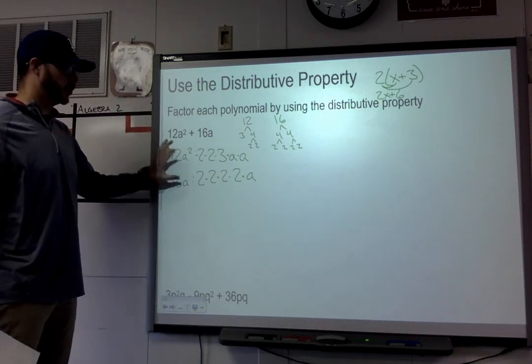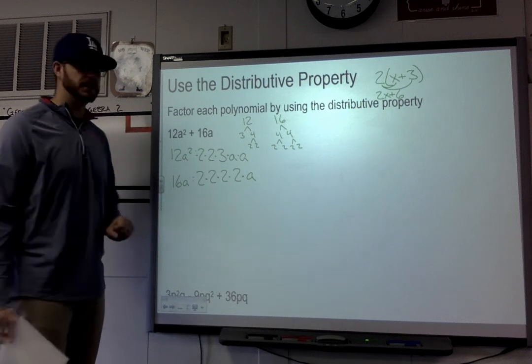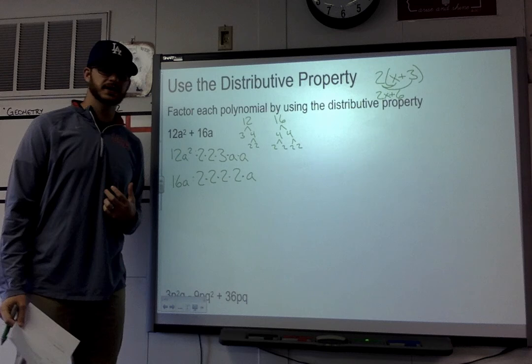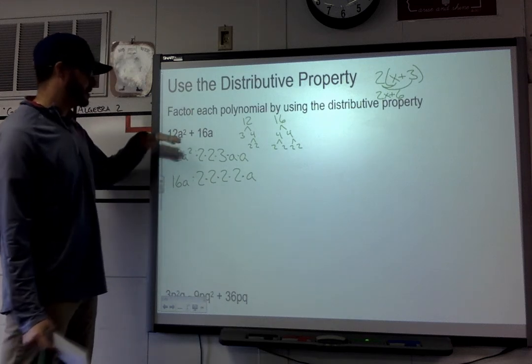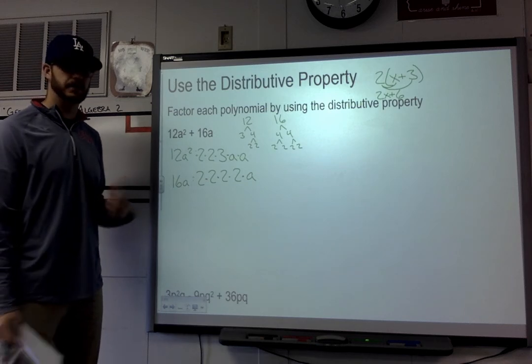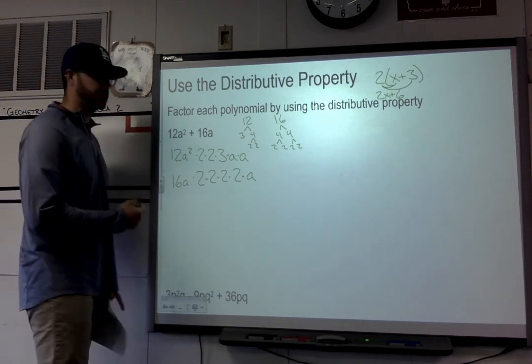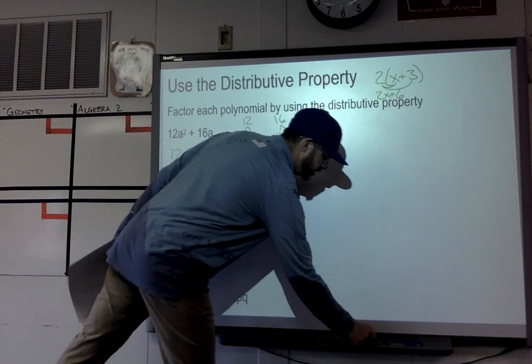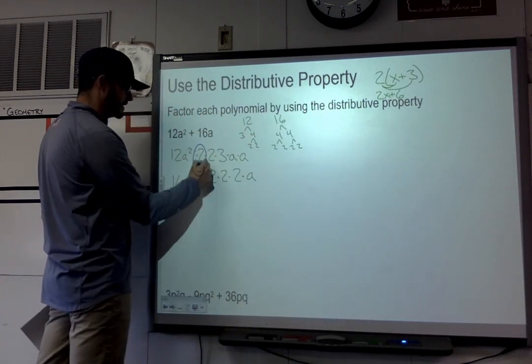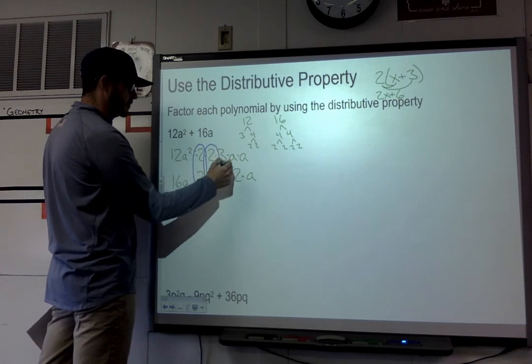Now, we want to find the greatest common factor between these two terms, because what we're really doing here to factor this is finding the greatest common factor and pulling that out of our polynomial. In order to find the greatest common factor, we've got the prime factorization, and we find anything that they share in common.